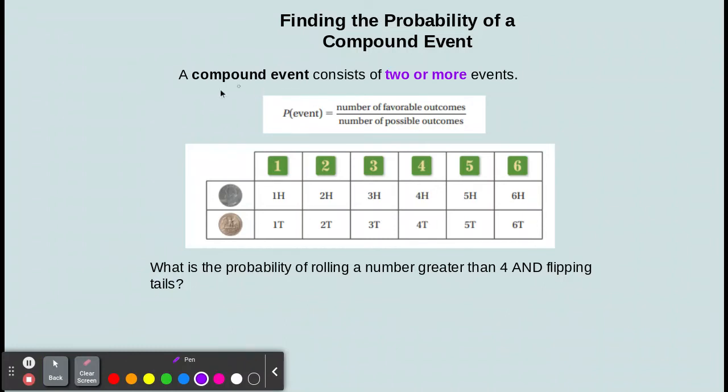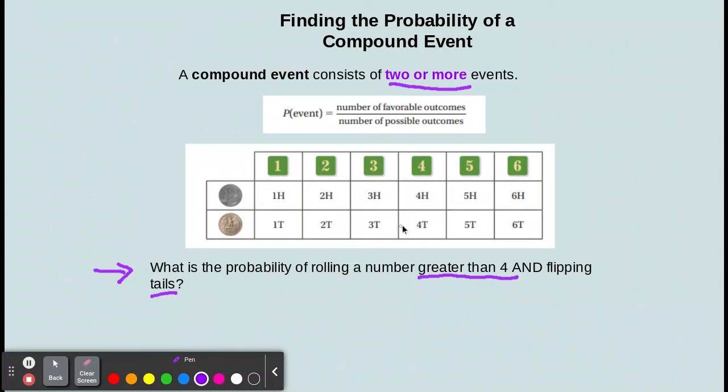Remember, a compound event consists of 2 or more events, like rolling a die and flipping a coin, or choosing an outfit with jeans, t-shirts, and shoes. In this case, we're going to try to find the probability of rolling a number greater than 4 and flipping tails.